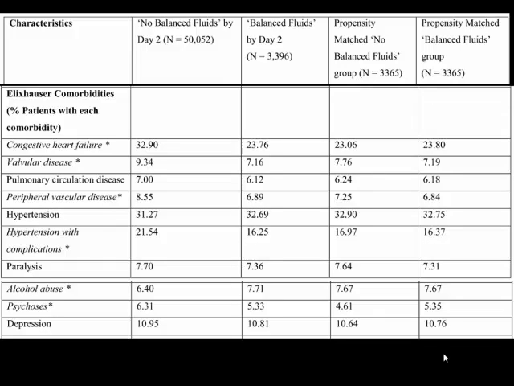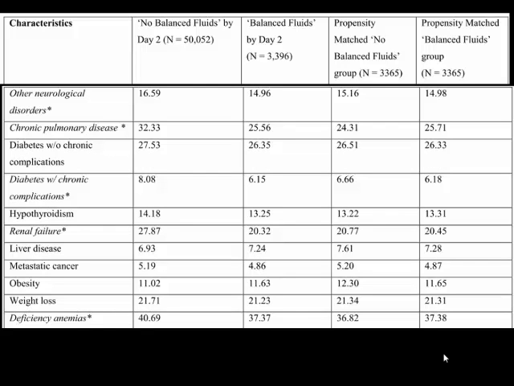These are comorbidities, including heart failure, hypertension, alcohol abuse, and after the match, both groups were the same. More comorbidities, including diabetes, hypothyroidism, kidney failure, liver disease.